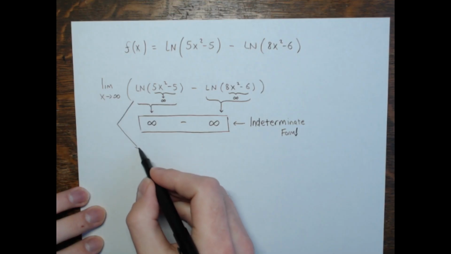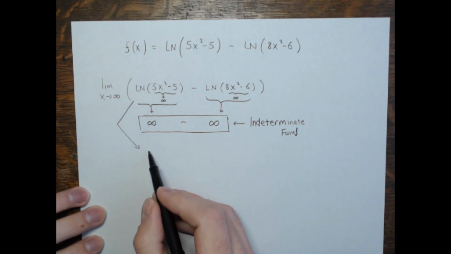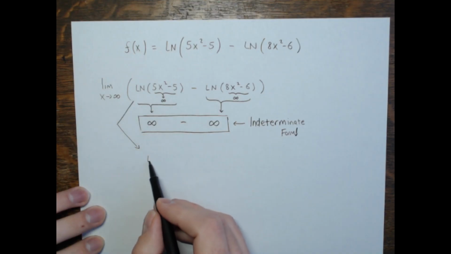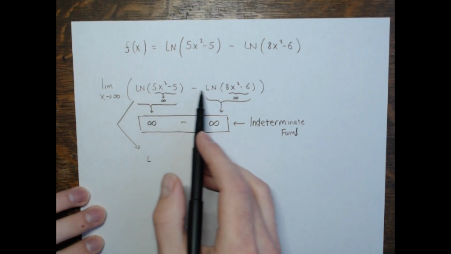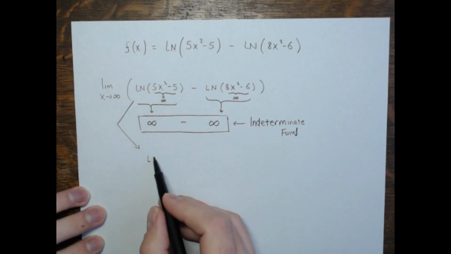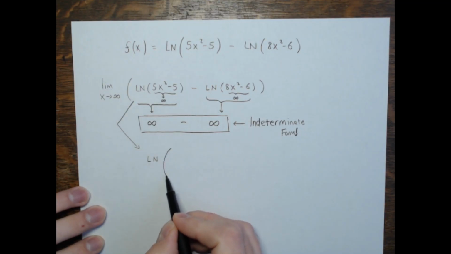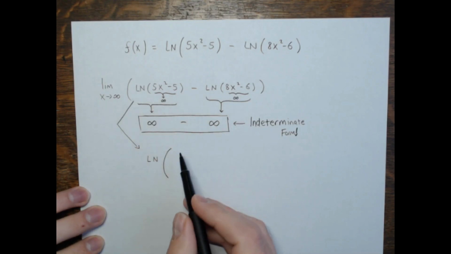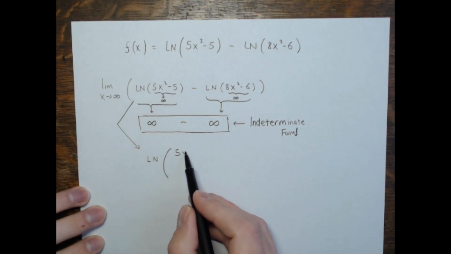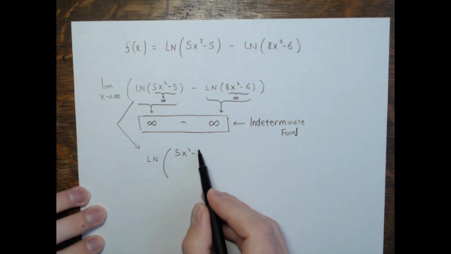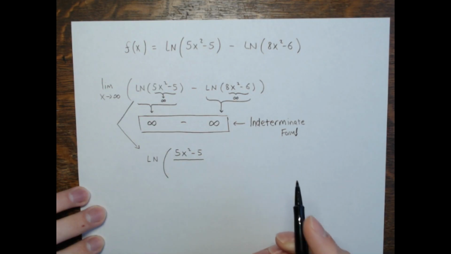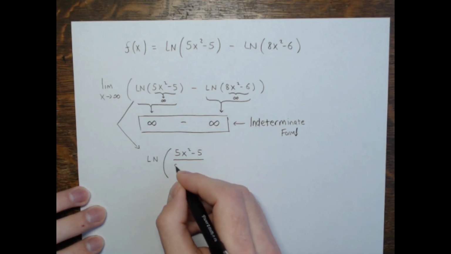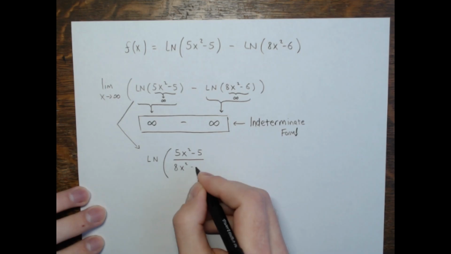So we have to manipulate the expression. Now I'm going to use properties of logarithms here. Remember when you subtract two logs with the same base, you can put them together as a log of a quotient, a fraction. So this is equivalent to the natural log of 5x squared minus 5 divided by 8x squared minus 6.